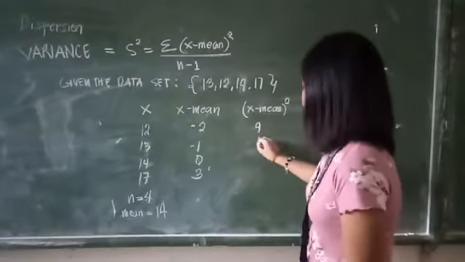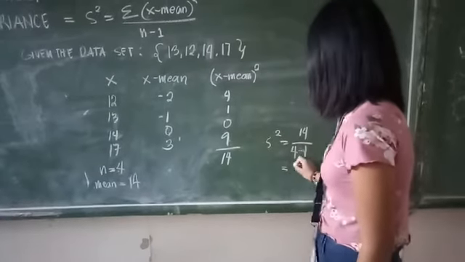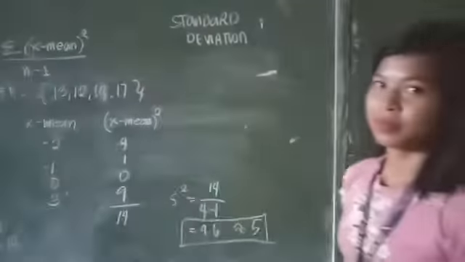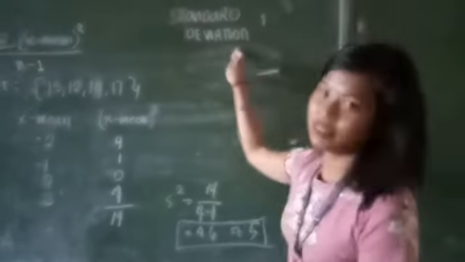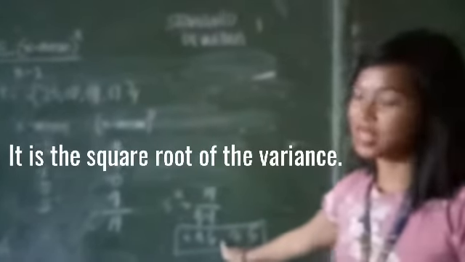So using this formula, s squared is equal to 14 divided by 4 minus 1, which equals 4.6.